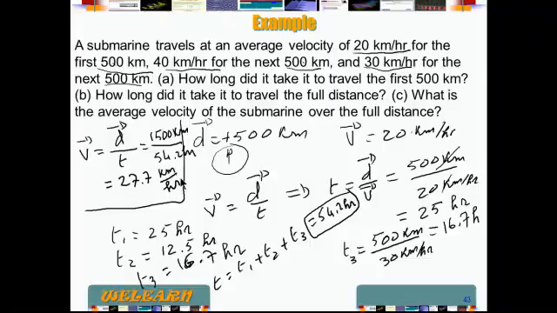Okay? Notice that the 27.7 is not really the average of these three values, the 20 plus 40 plus 30. The average of these three values is 30, not 27.7. You need to be careful with this. We don't get the average velocity by doing the average of velocities.